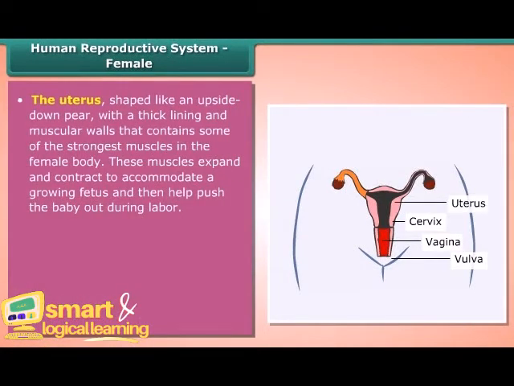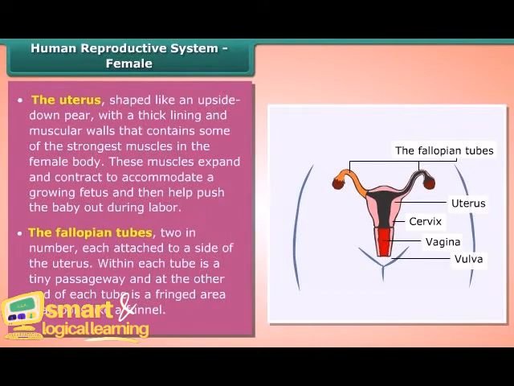The uterus, shaped like an upside-down pear, with a thick lining and muscular walls, contains some of the strongest muscles in the female body. These muscles expand and contract to accommodate a growing fetus and then help push the baby out during labor. The fallopian tubes, two in number, each attached to a side of the uterus.